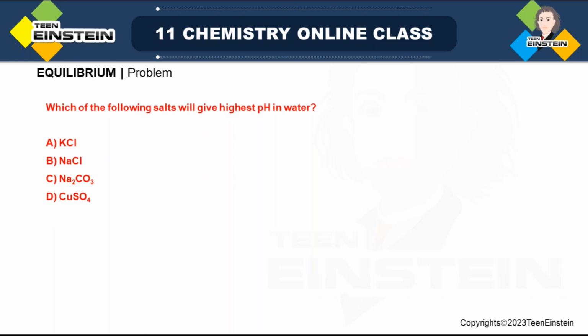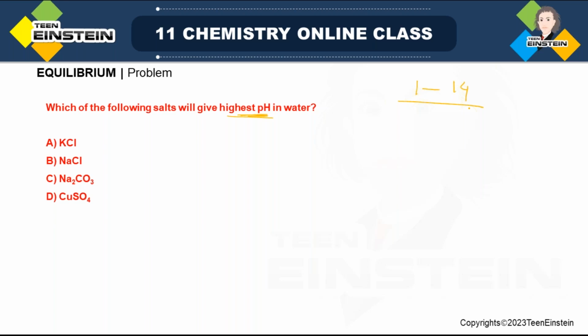Which of the following salts will give the highest pH in water? Now, highest pH means you do not have to calculate it because concentrations are not given. Highest pH means there is a range from 1 to 14, right? If it is towards the lower side, it means it is acidic.